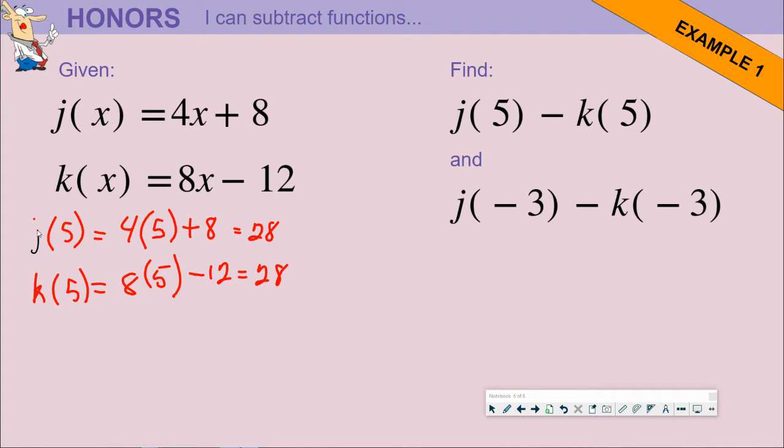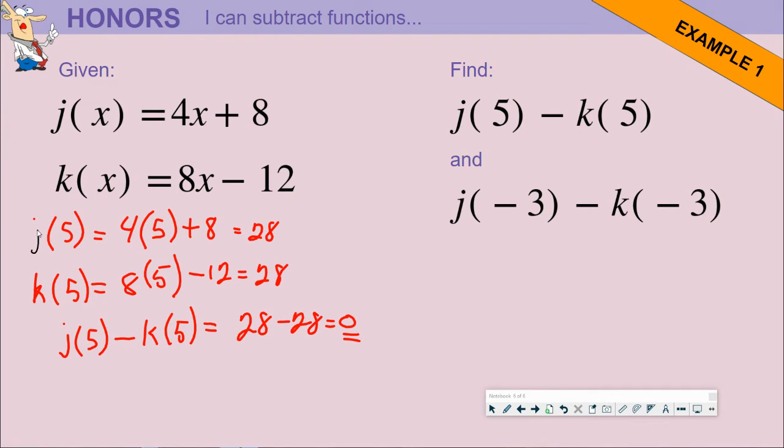So now, following the example, the expression here, j of 5 minus k of 5, is going to give us 28 minus 28, which equals 0.